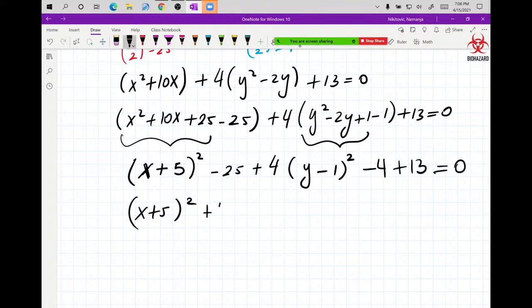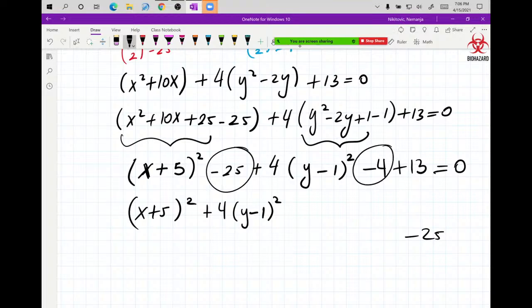So that plus 4y minus 1 squared is equal to 13. Do I move it? No, no equal. Let's figure this out. So negative 25, negative 4, positive 13. So 25, 29, 16. Yeah, okay.